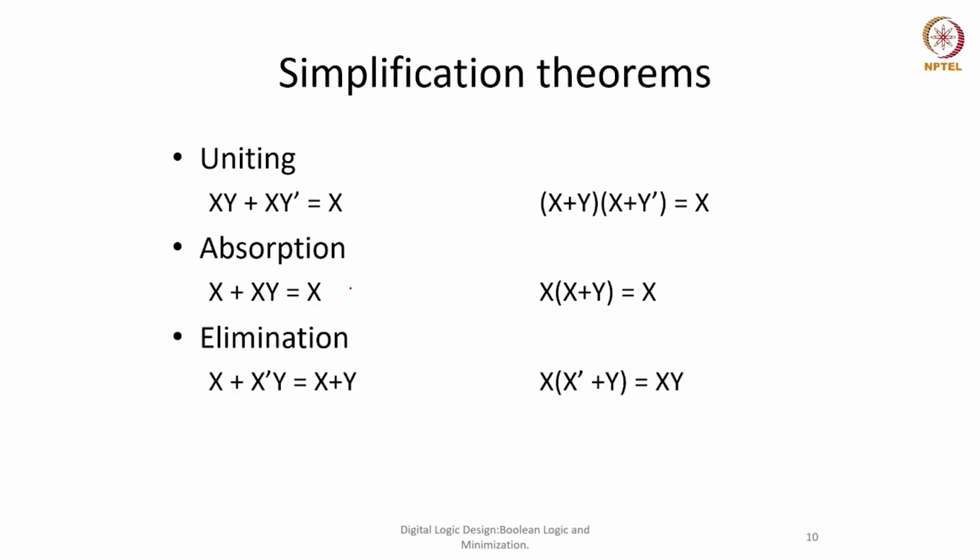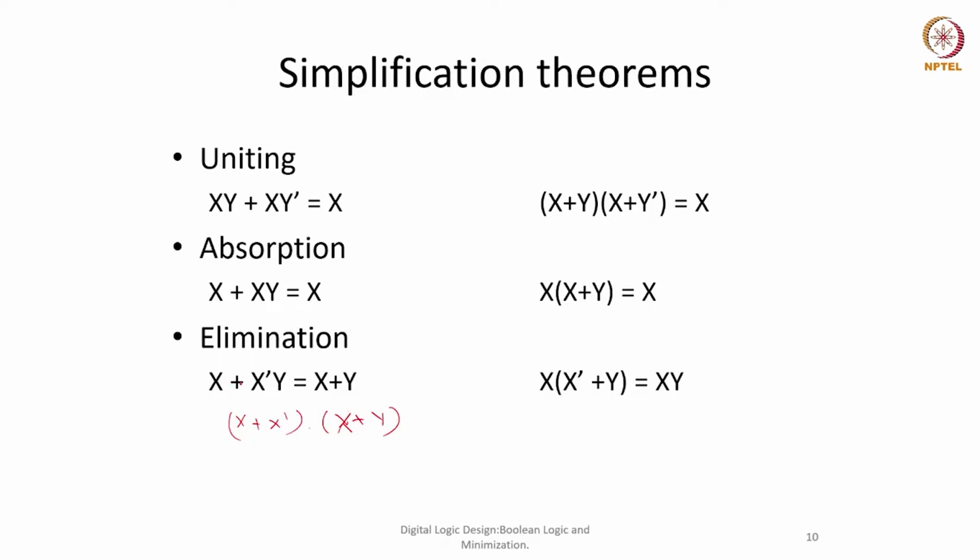Now let's take the other one, elimination. Here I can say this is x plus x dash y. I can also write it as x plus x dash and x plus y, because of our distribution principle.